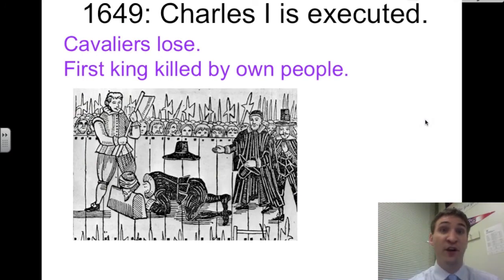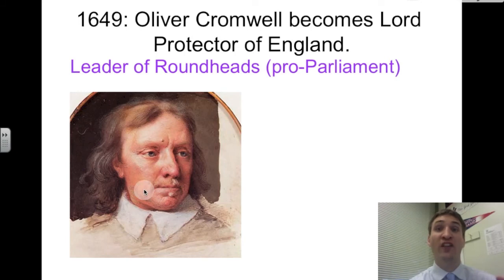So in 1649, Charles I is executed, and Oliver Cromwell then becomes the Lord Protector of England. He's not the king. He's the leader of the Roundheads, let's remember, which is pro-Parliament. However, what he does in England is not very parliamentary.